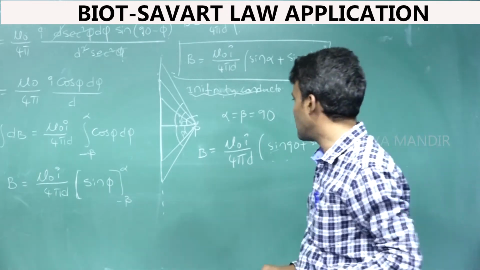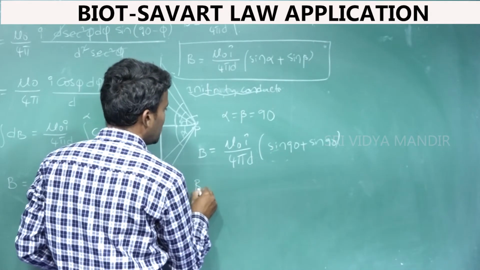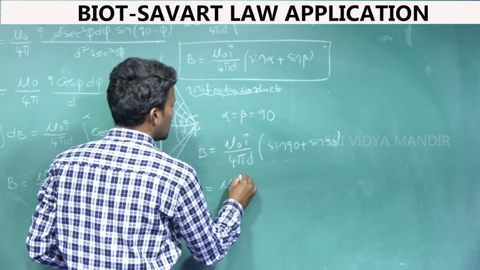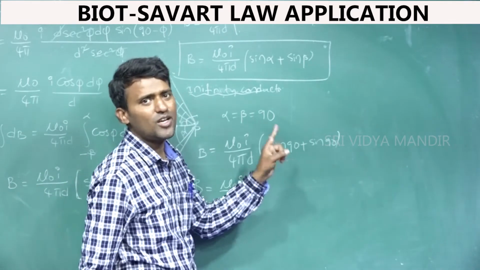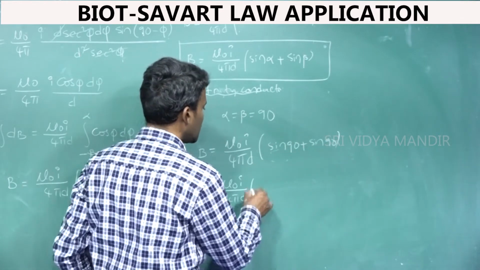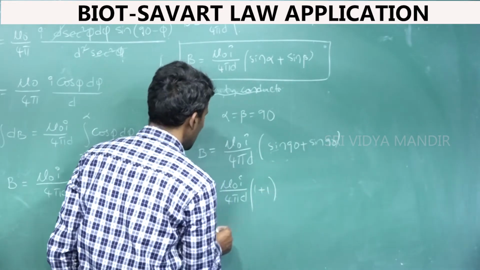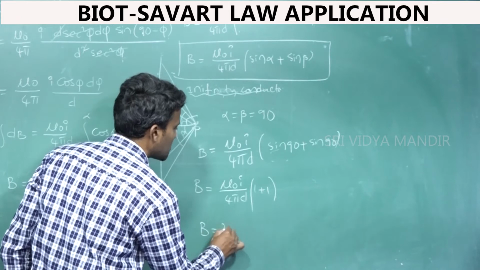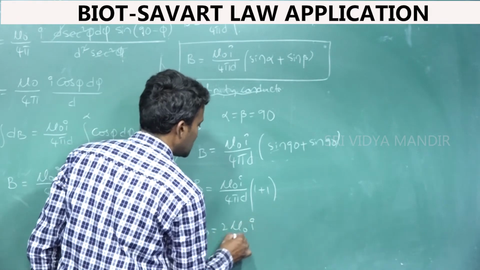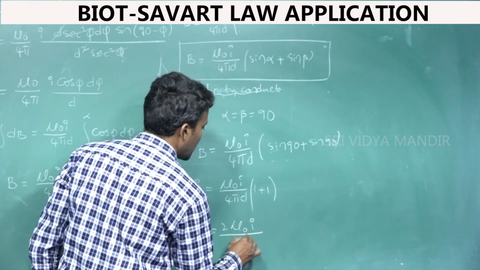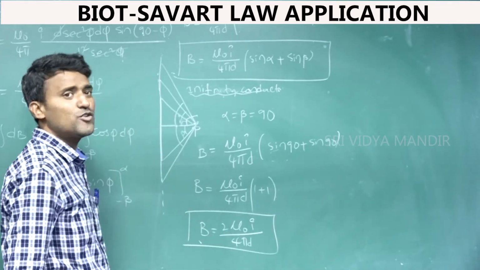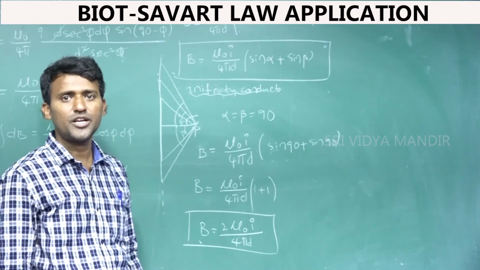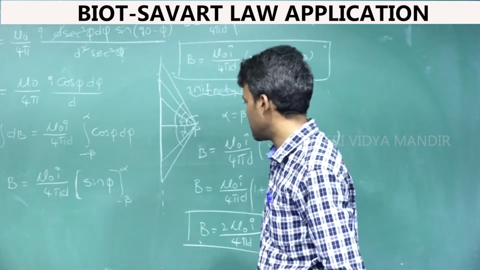What is sin 90? It is 1. So 1 plus 1 is 2. The final equation is B is equal to 2 mu naught I divided by 4 pi d. If you take the infinite conductor, this is the equation.